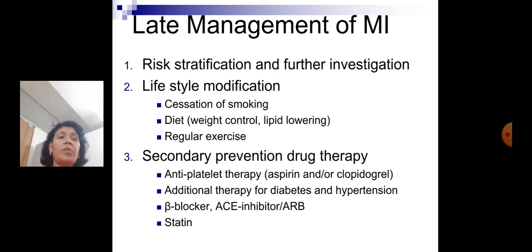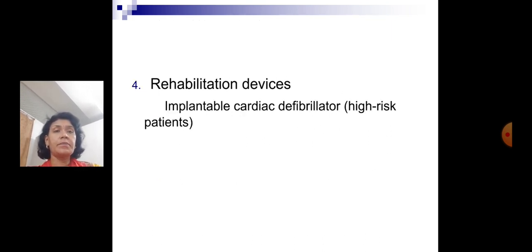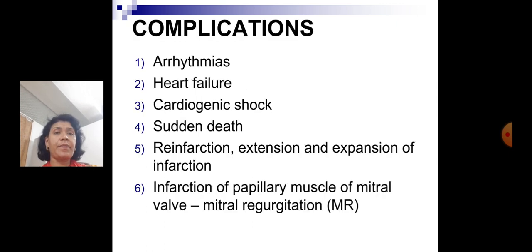Then secondary prevention drug therapy: antiplatelet therapy including aspirin and or clopidogrel, additional therapy if there is presence of diabetes or hypertension, beta blockers, ACE inhibitors or ARBs, and statins. These are all part of secondary prevention drug therapy. Then rehabilitative devices like an implantable cardiac defibrillator in high risk patients.